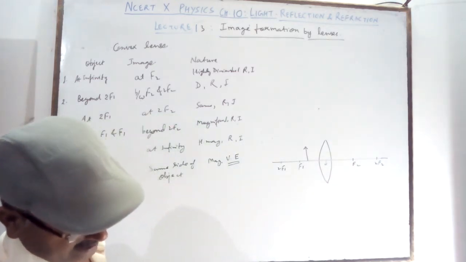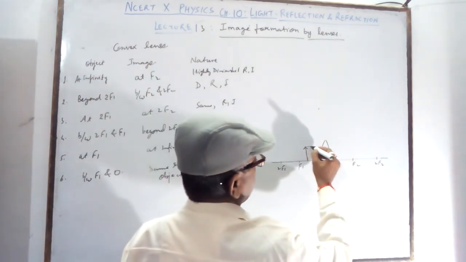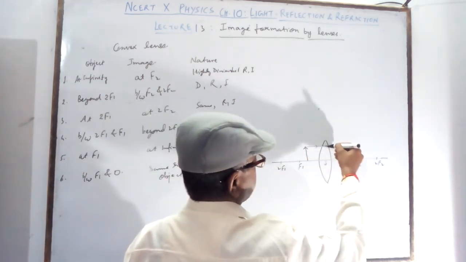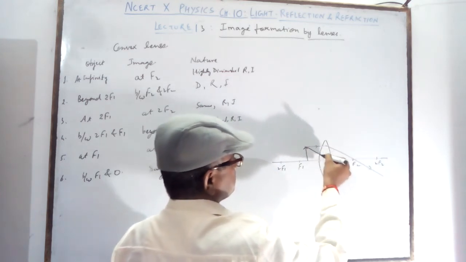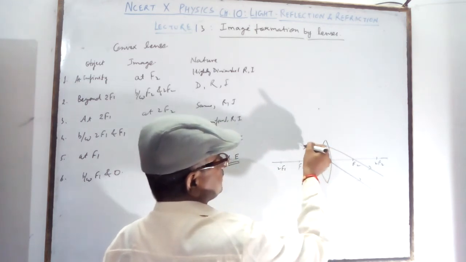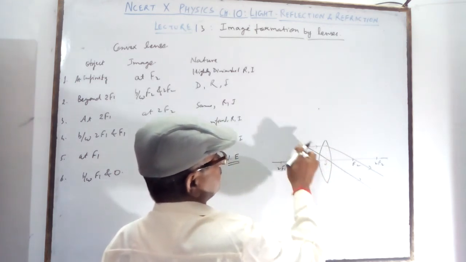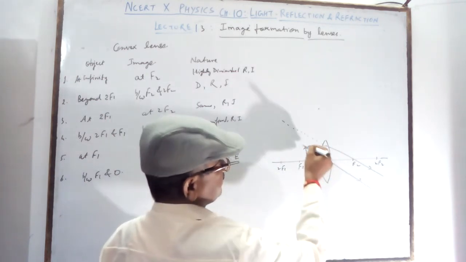The other you take parallel. One you take parallel and it passes through the focus. After this, one passes through the optical center. Both you will produce in the backward direction because they are not meeting on this side.